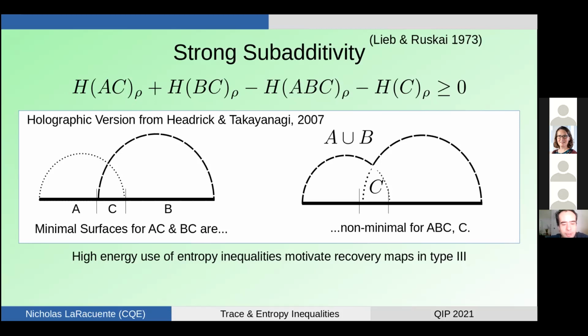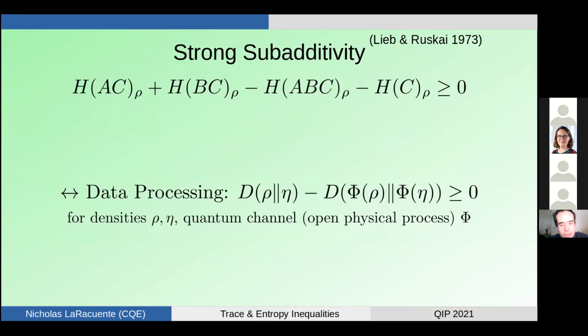Now, the use of entropy inequalities in high energy physics, again, motivates wanting recovery maps and similar concepts and improvements to classic entropy inequalities in type 3. So strong subadditivity is also very closely linked to what's called the data processing inequality. These are often considered equivalent.